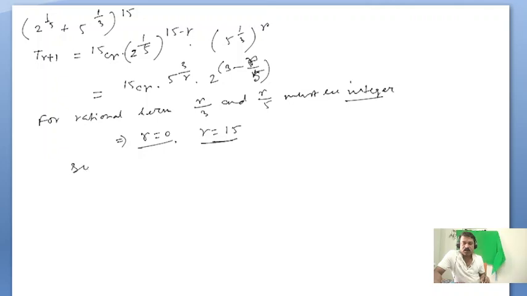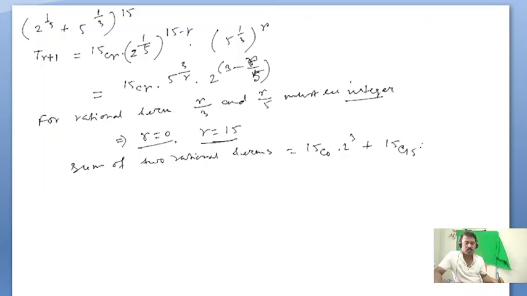Therefore the sum of the two rational terms is 15C0 2 cubed plus 15C15 into 5 to the power 5. After calculating, we get here 8 plus 3125, that is 3133.